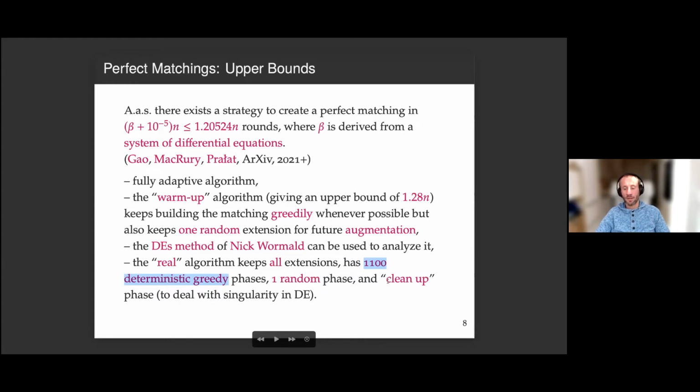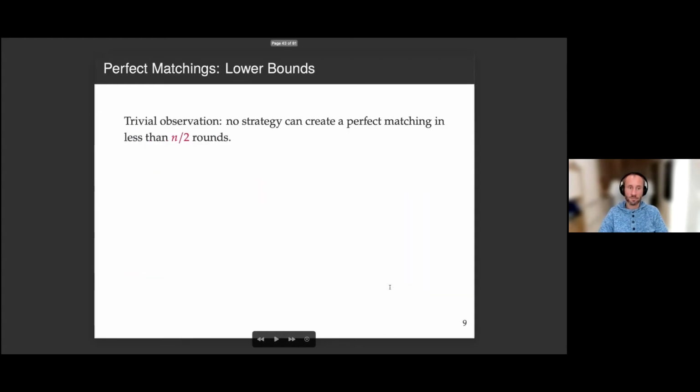And then once there are like 10 to the minus 16 times n vertices to saturate, you just do the theoretical saturation, because essentially the root of that constant, I don't remember if it was 10 to the minus 8 or whatever, say 10 to the minus 8, can be killed definitely in 10 to the minus 4 times n rounds, and that's negligible. So that's what needs to be done.